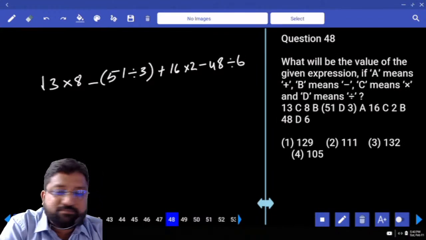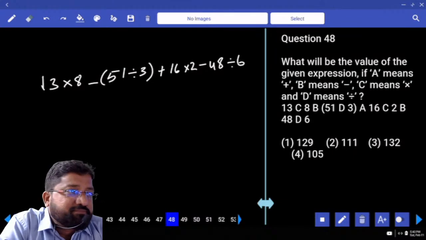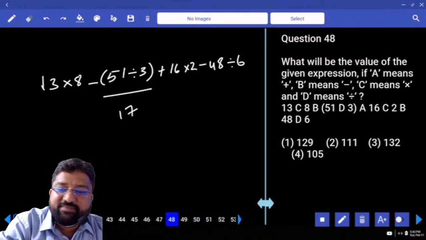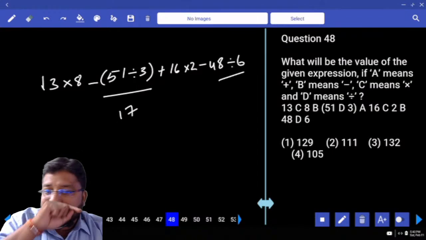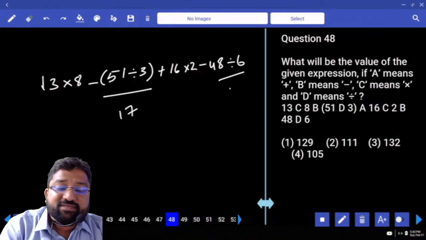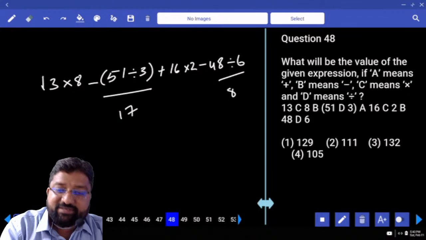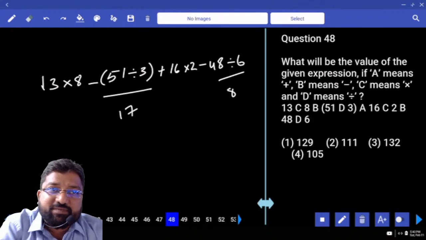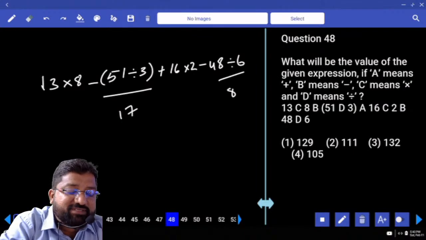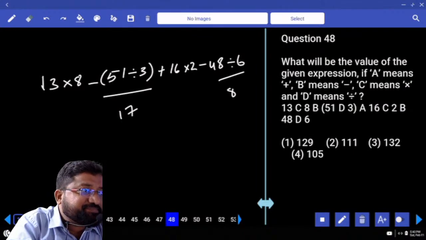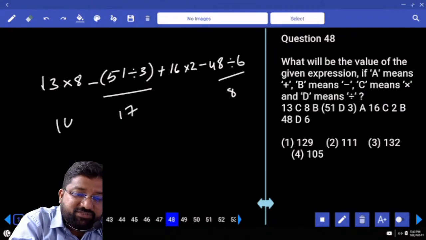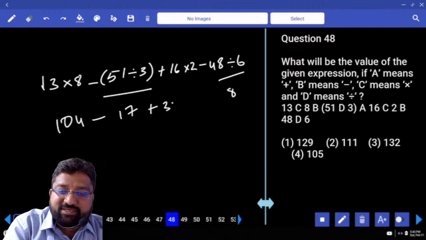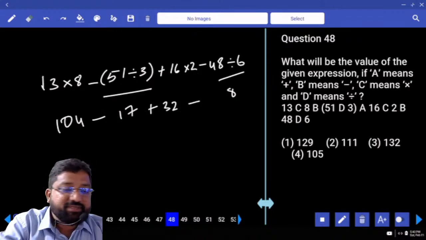Antena? Chapandamma, first em cheyali? Bracket. 51 divided by 3 and enta 17. Now after bracket you have to go for division. How much is that? 48 divided by 6. 8. Next obviously you have to go for product. Every product is separated by plus and minus. 13 8s. Chapandamma, 104 minus 17 plus 32 minus 8.